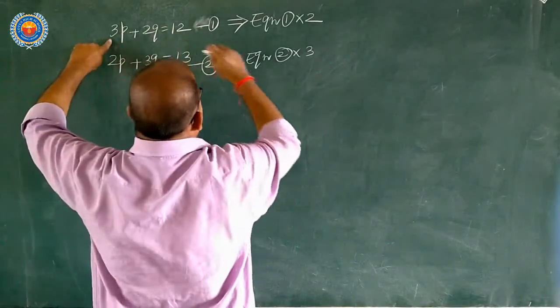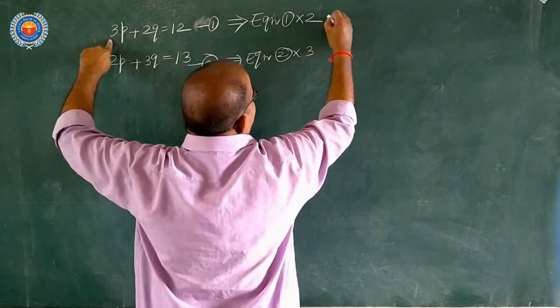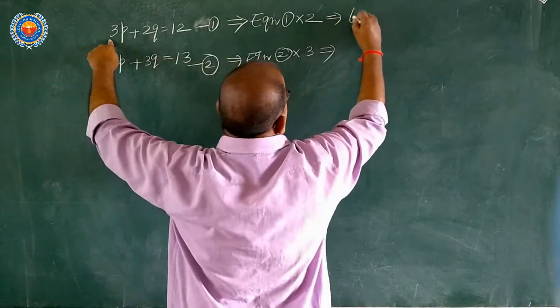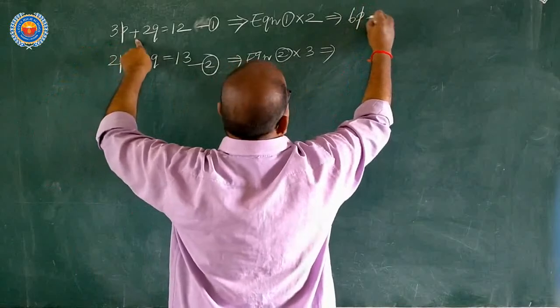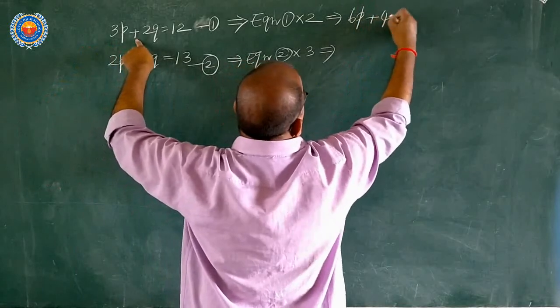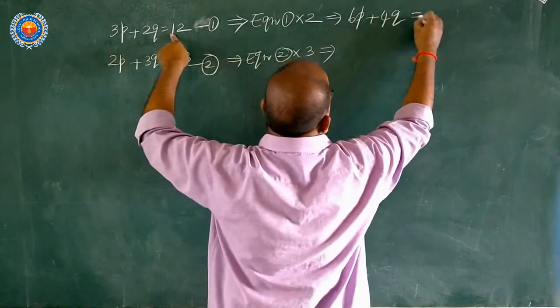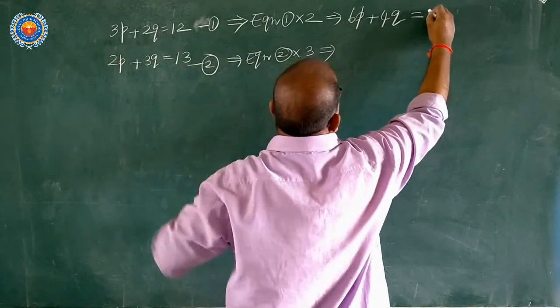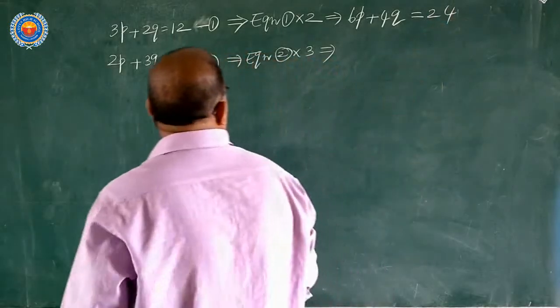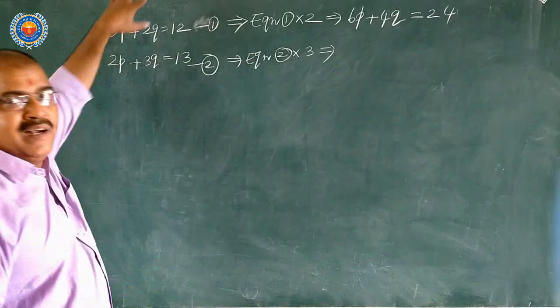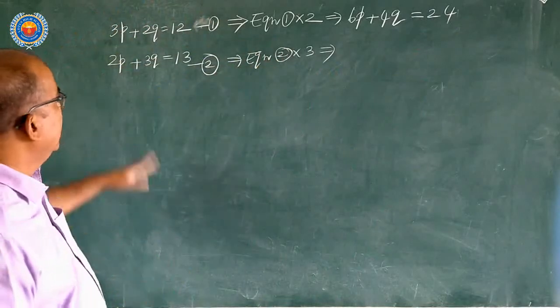What is that? 3p into 2, that is nothing but 6p, plus 2 into 2q, 4q, is equal to 12 into 2, 24. First one is over. LHS into 2, RHS into 2, so that I got that value.